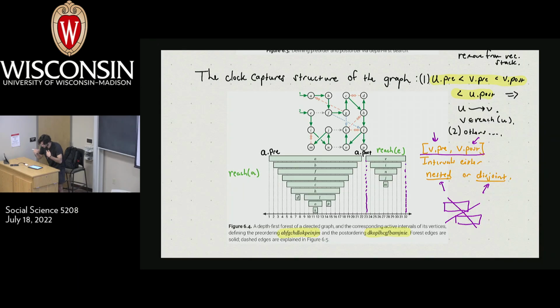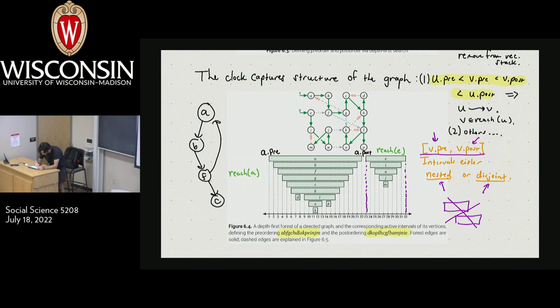So if you think of DFS as a physical walk where you're starting at A, you took an edge to B, then took an edge to F, this nesting says that if you started at A and my interval is nested inside of A's interval, eventually we'll walk down nodes and hit one of those in there. So for example, for C, we eventually hit C by walking down the path from A.